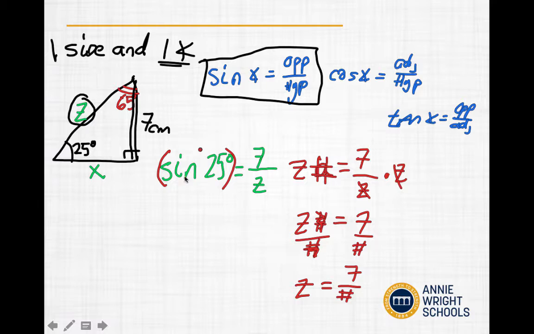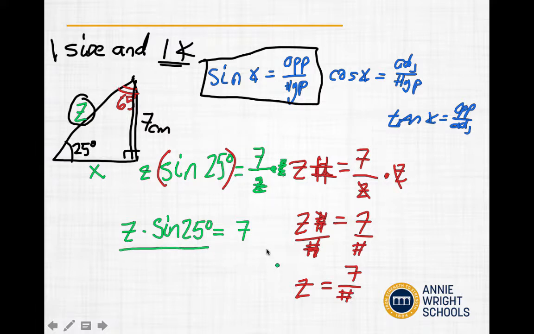You do the exact same thing over here. Multiply both sides by z, and you get this equation, z times a number, that number is called sine of 25 degrees, equals 7. The z's have canceled on the right hand side of this equation.